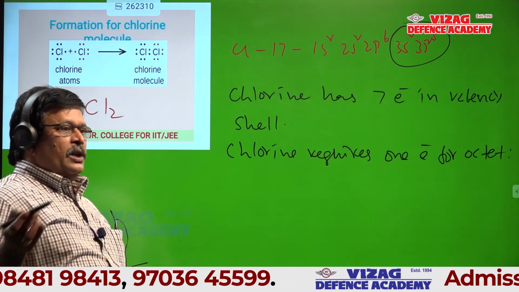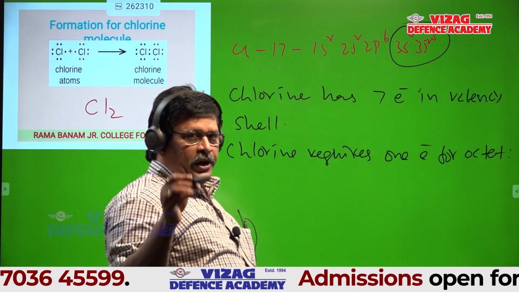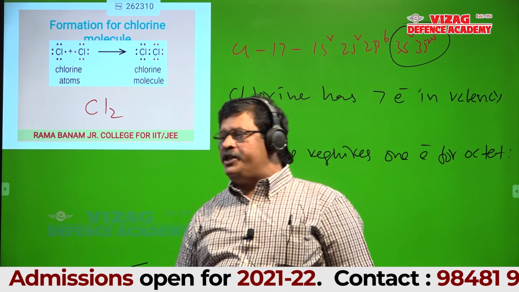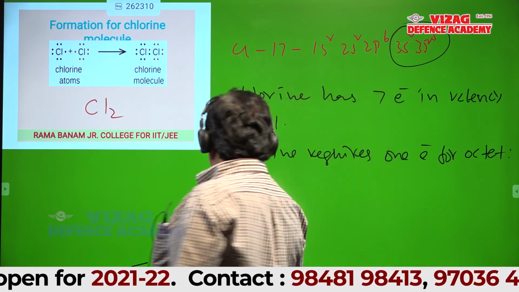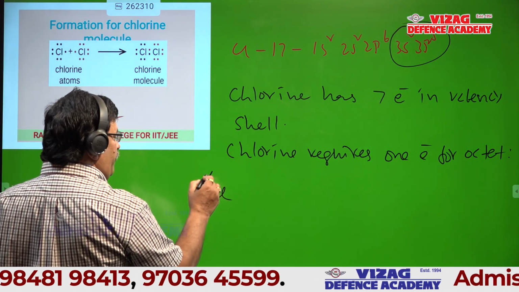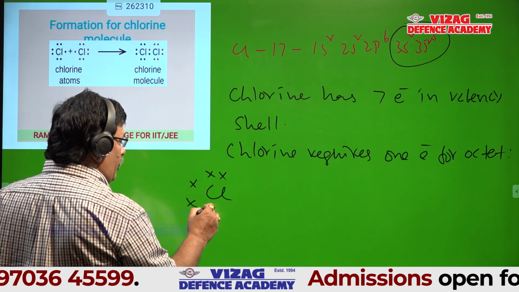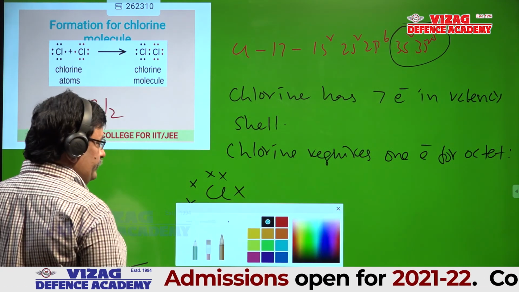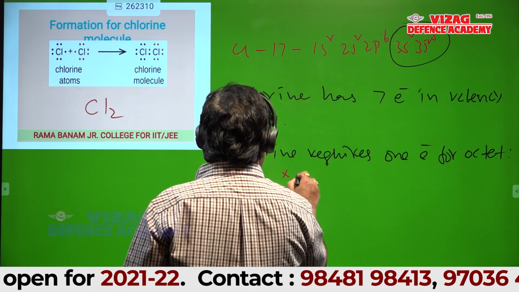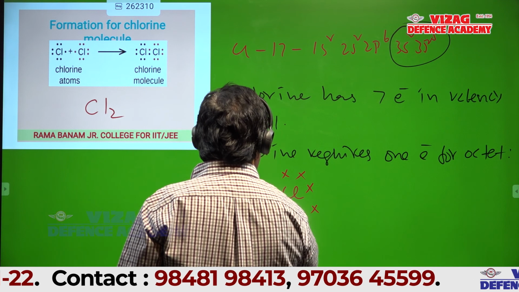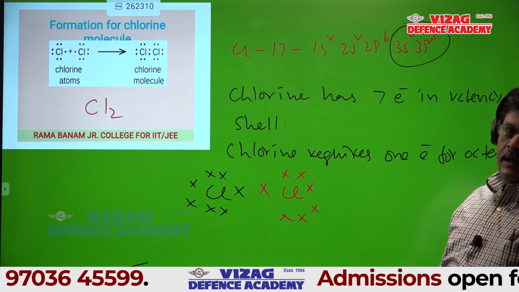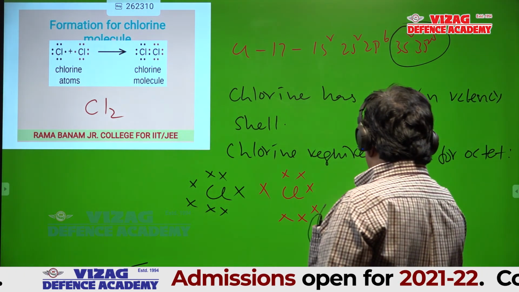So, because chlorine requires 1 electron, each chlorine should contribute 1 electron in the bond formation. I will write here, students, look at the board. This is the first chlorine, which has 7 electrons in the valency shell. This is the second chlorine, which also has 7 electrons in the valency shell. Each chlorine contributes 1 electron.